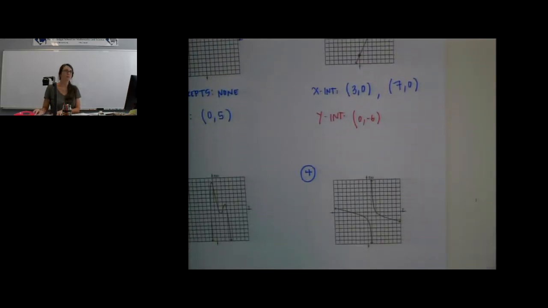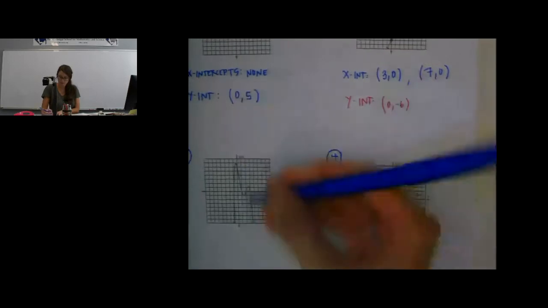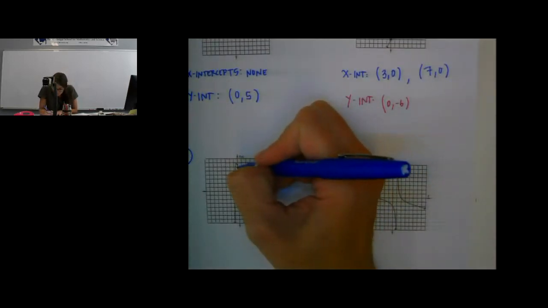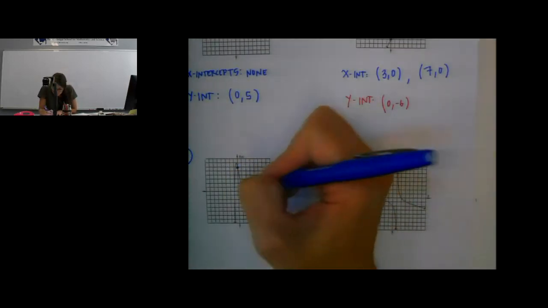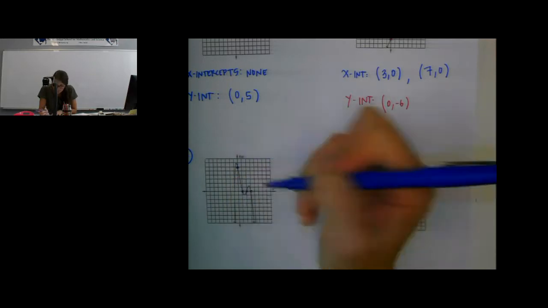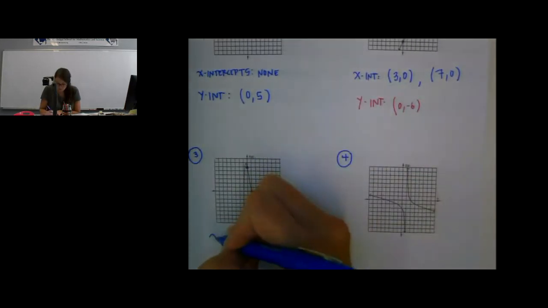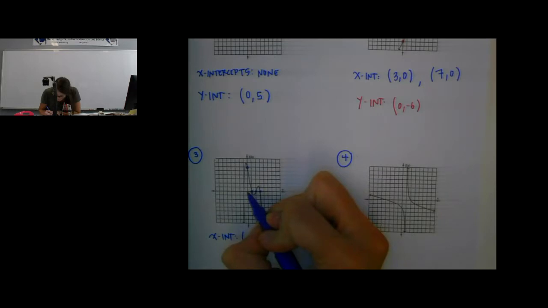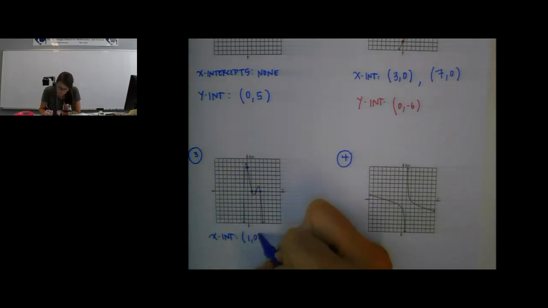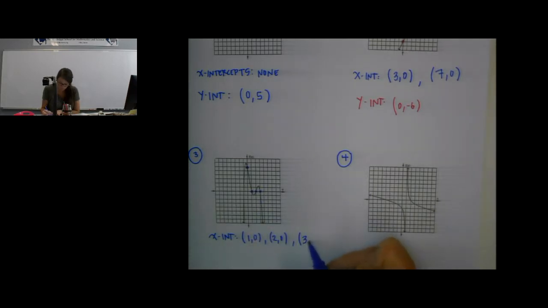Okay, all right, so let's look at number 3 down here. It's going to cross the x-axis. So 3 times it's crossing the x-axis. So my x-intercept will be at 1, 0, at 2, 0, and then at 3, 0.